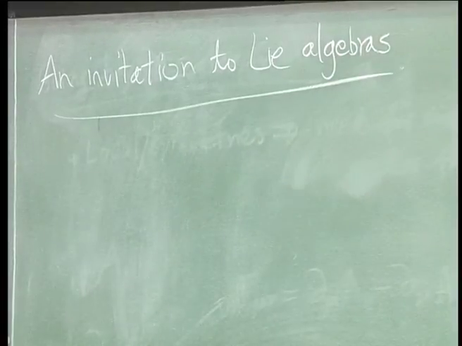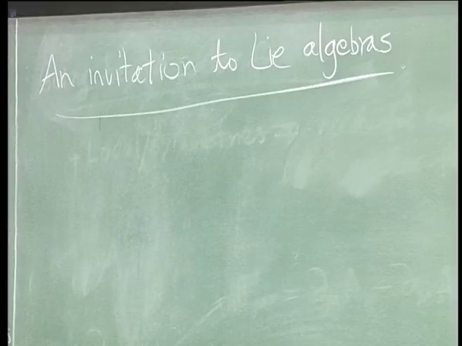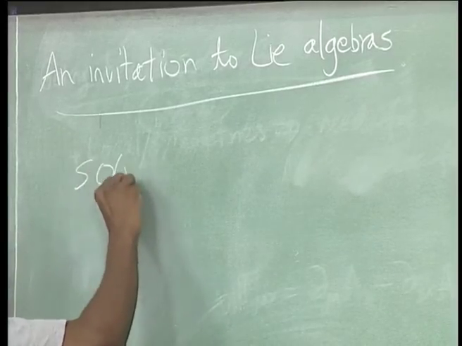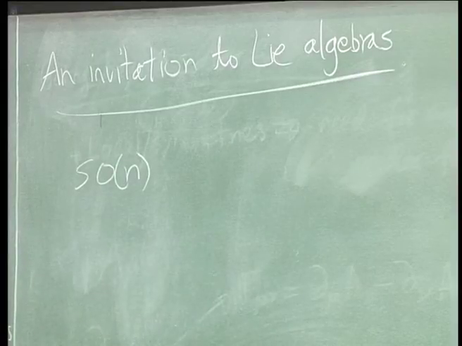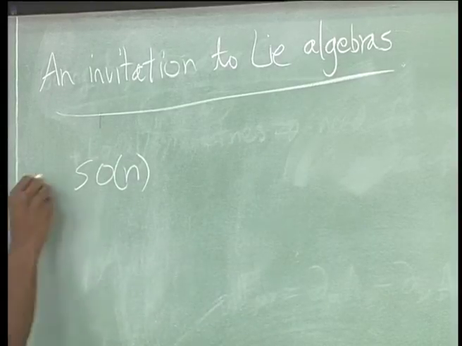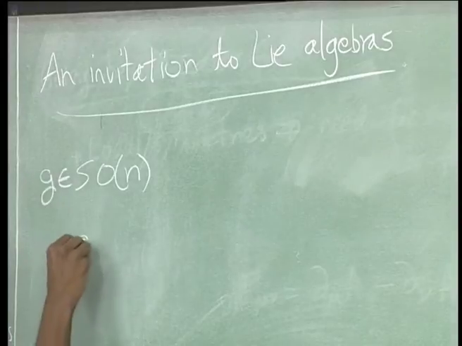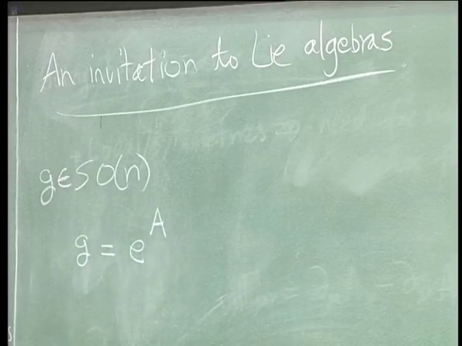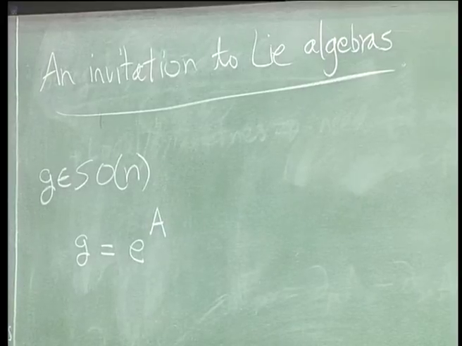The starting point is the following, where we already know some things. We saw that any SO(N) group element could be written as e to the A, where A was an n by n antisymmetric matrix.